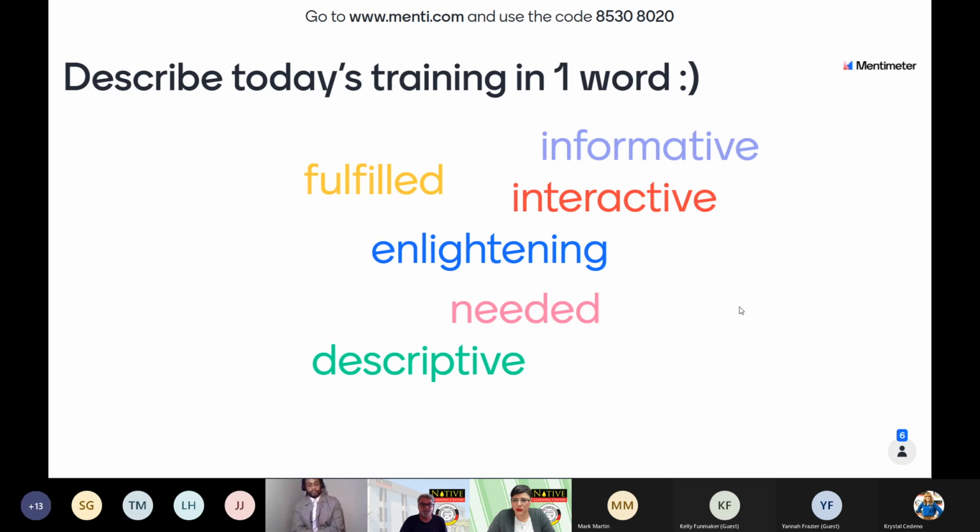So I'm liking the words that are coming up, being populated here. Yes. Fulfilled, informative, interactive, enlightening, needed, descriptive. Those are all words I'm thinking too, because I know personally from being on boards, this kind of training is invaluable. We need it, and we need it on a regular basis.